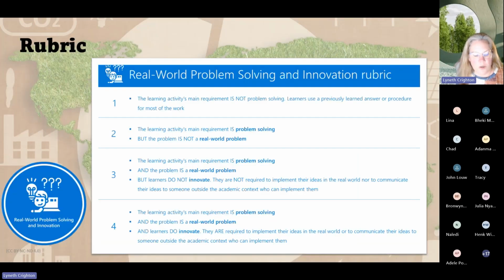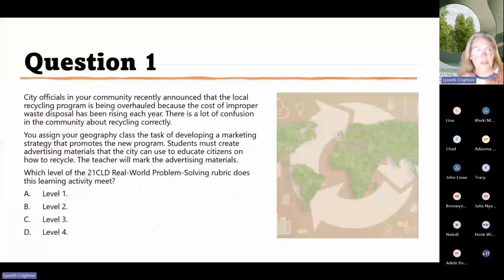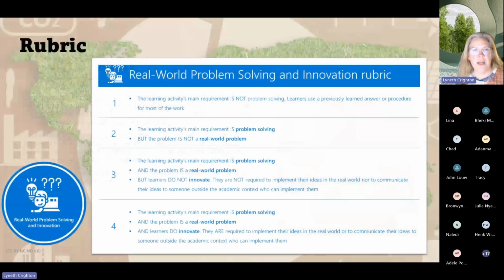So this is what the rubric looks like. And here is an example. So basically we have to decide whether it's level 1, 2, or 3 from the text that they give us. And remembering that level 1 is that we're looking for problem solving.